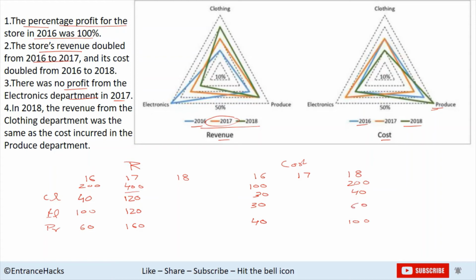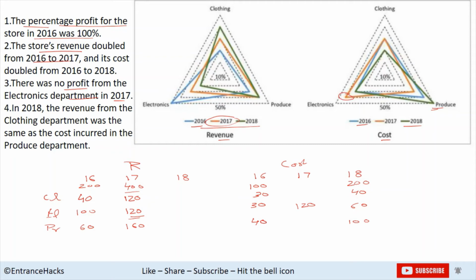Now coming to this third statement, there was no profit from the electronics department in 2017. That means if the revenue is 120, the cost will also be 120 here. So coming back to the graph of cost for 2017, for electronics we see 40%.